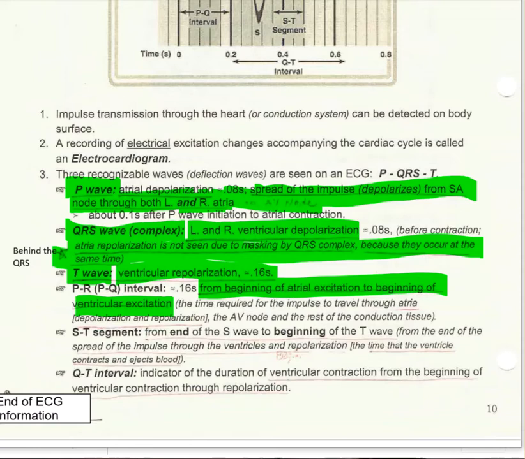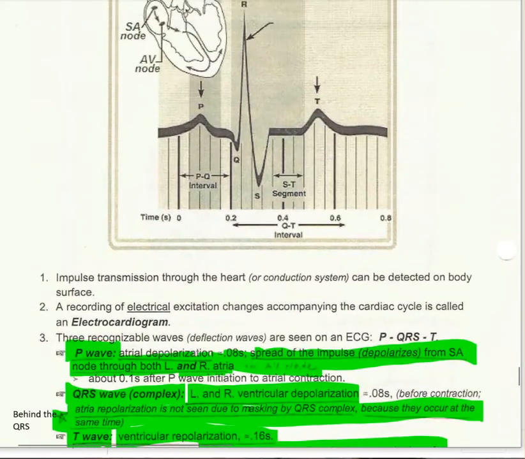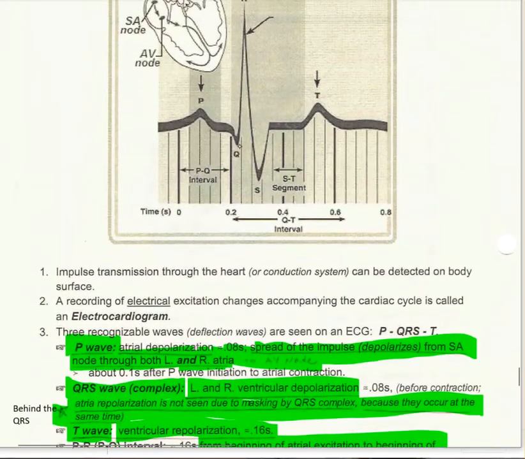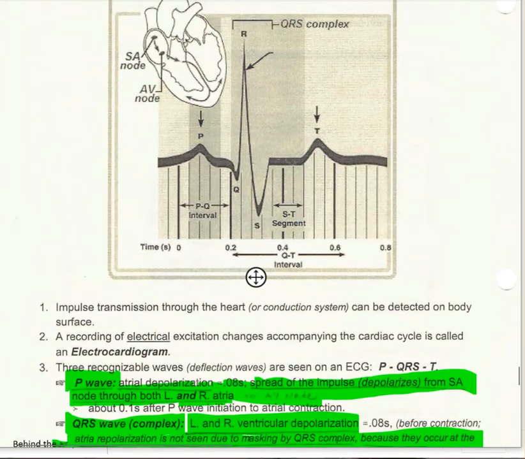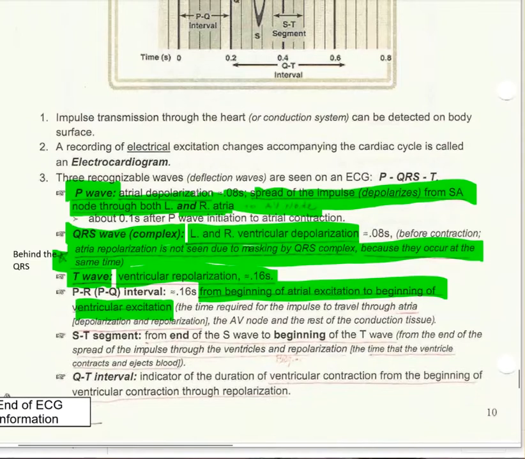The PR, or PQ, really goes to Q, so it's better to say Q. It starts at the beginning of the P and ends at the beginning of the Q. We can measure that, and that tells us how long the depolarization throughout the entire atria to the very beginning of the ventricle depolarization occurred. So that's the PQ interval.